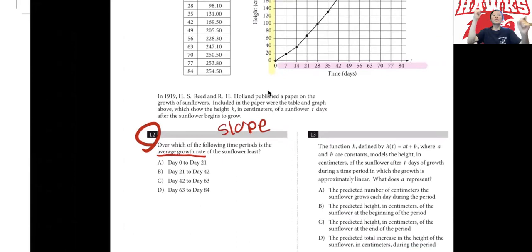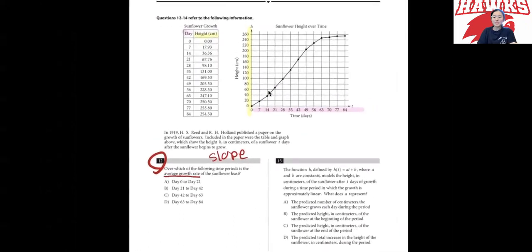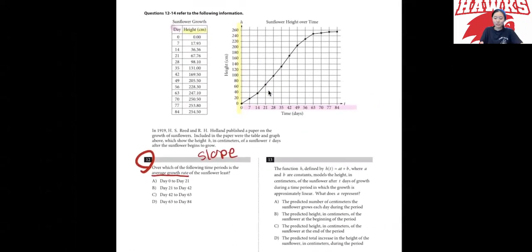It's how much something changes over time, so you take the change in y over change in x, and that will show you how much it changes over 10 seconds, 5 seconds, a second.